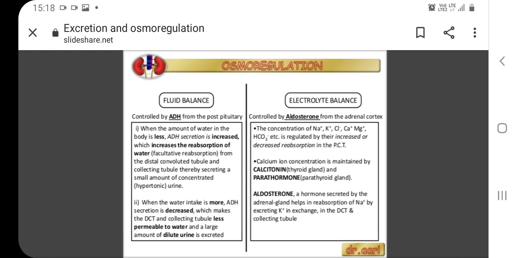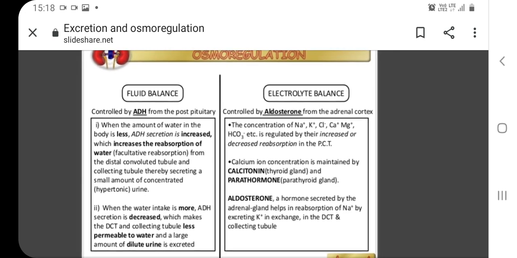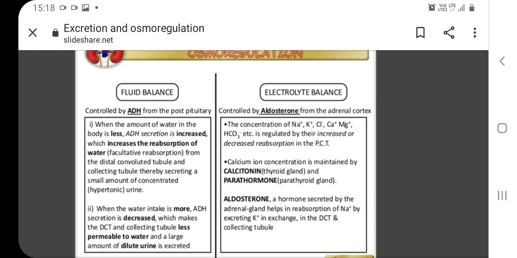The osmoregulatory part of the kidney, as I have already said, that the acid base balance is maintained by the kidney. We know that the fluid balance is controlled by antidiuretic hormone, which is produced in the hypothalamus and stored in the posterior pituitary.